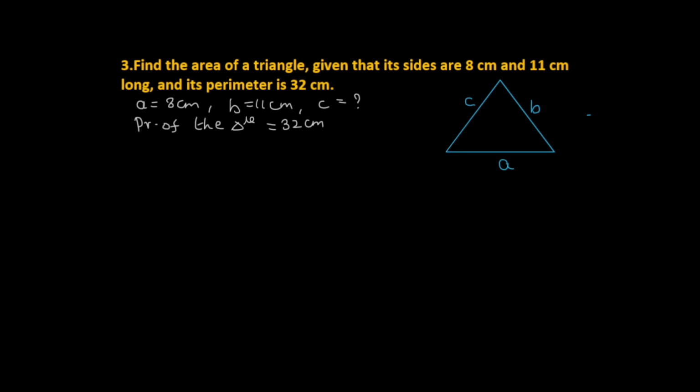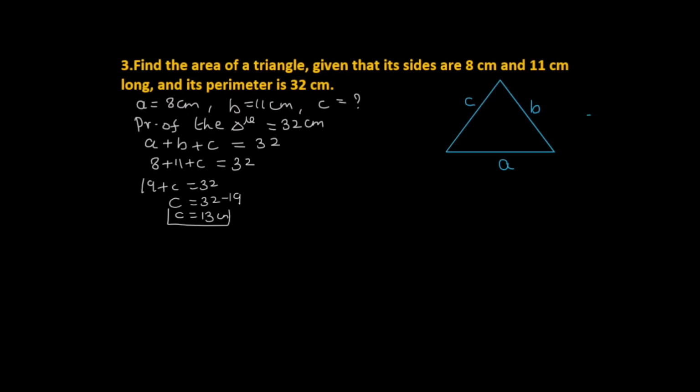We know that the perimeter of the triangle is the sum of all three sides. a plus b plus c is equal to 32 centimeters. 8 plus 11 plus c is equal to 32. 19 plus c is 32. So c is equal to 32 minus 19. c is equal to 13 centimeters.